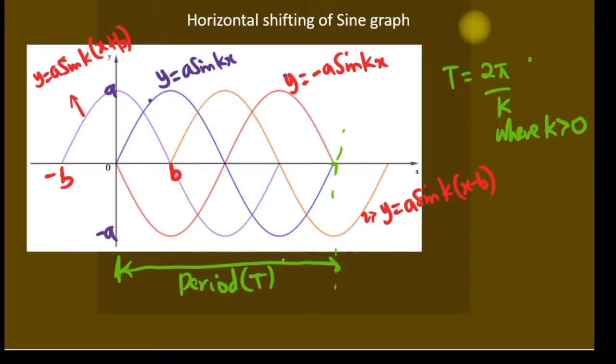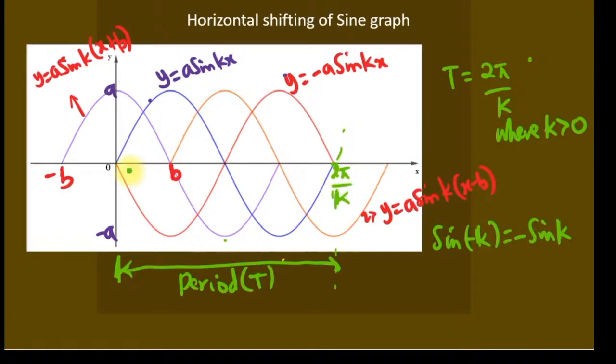Or if it's a negative number, we use a property, the odd function property: sine of negative k is minus sine k. So we use that property. And since one complete period is 2 pi over k, here is 2 pi over k. Why this one?